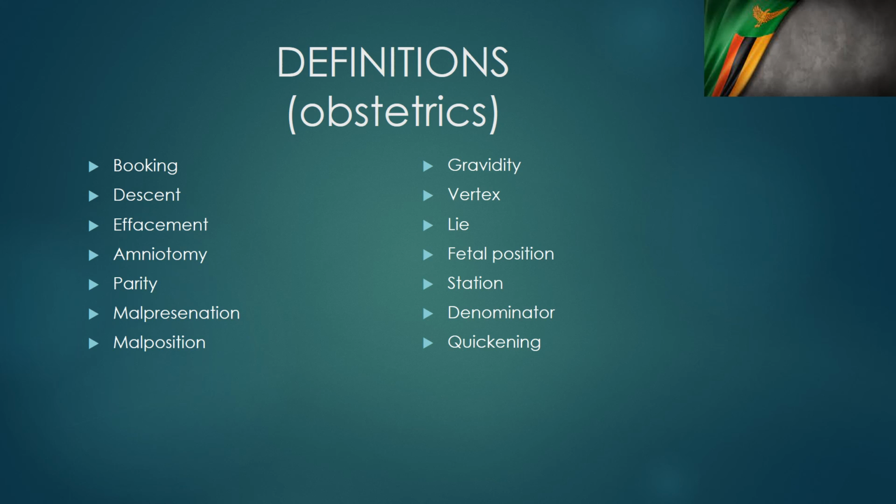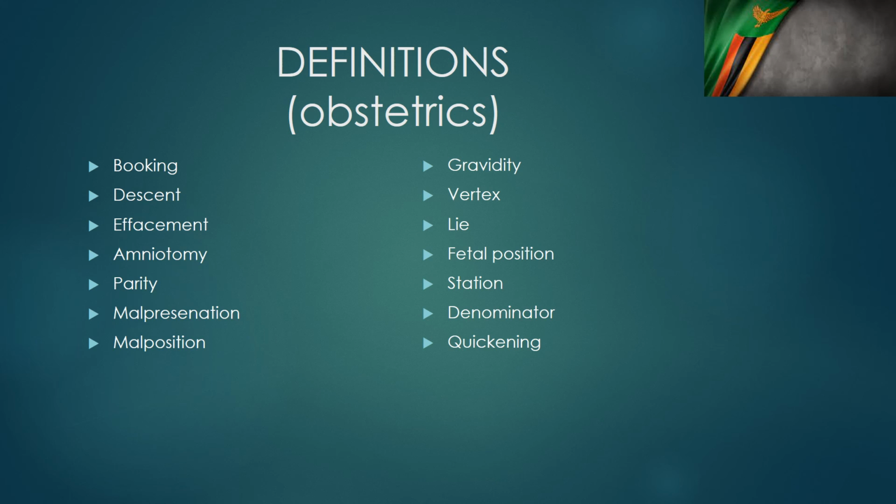Lie is the relationship of the fetal longitudinal axis to the longitudinal axis of the mother. That is what is called the lie. The position of the fetus is the relationship between the denominator of the presenting part and the maternal pelvis.